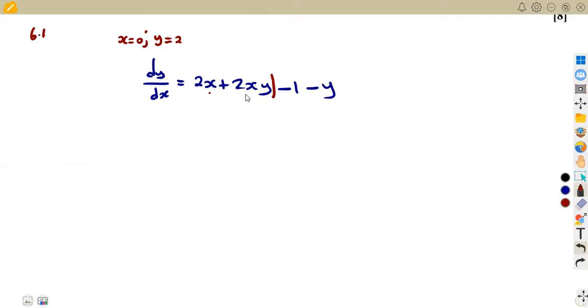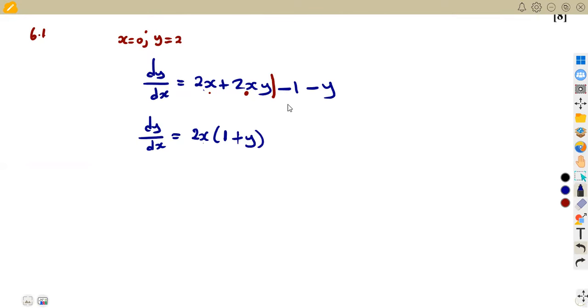We can see that x is common, so we can factor out 2x, since 2 is also common. If you divide 2x by 2x they cancel, and you remain with a positive y in this case.